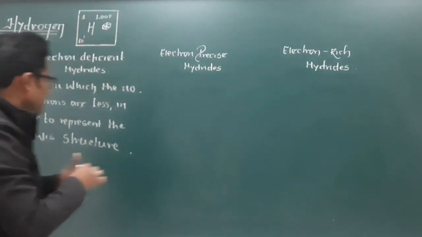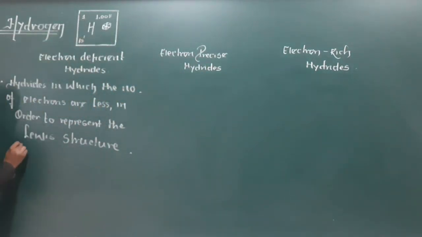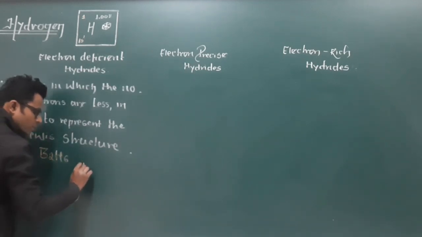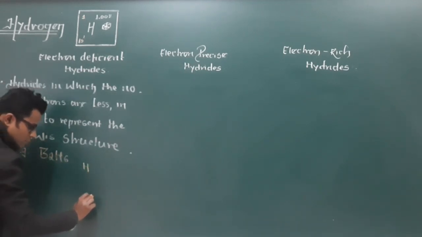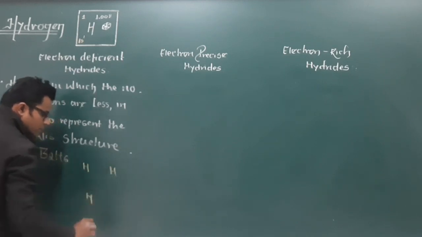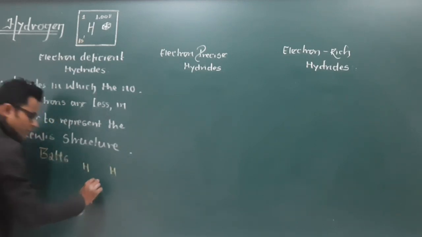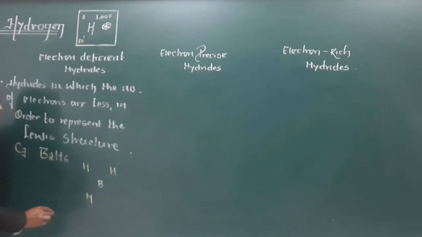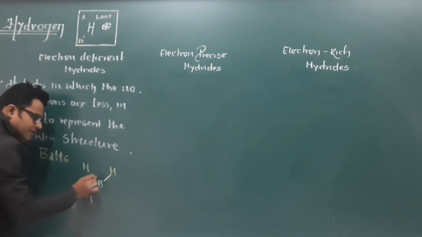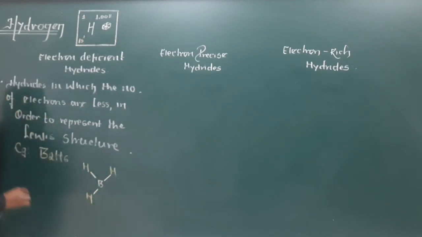For example, we will take B2H6. In B2H6, what usually happens is 1, 2, 3. So a boron over here can form 3 bonds effectively.